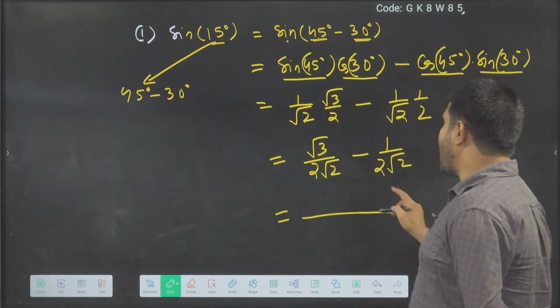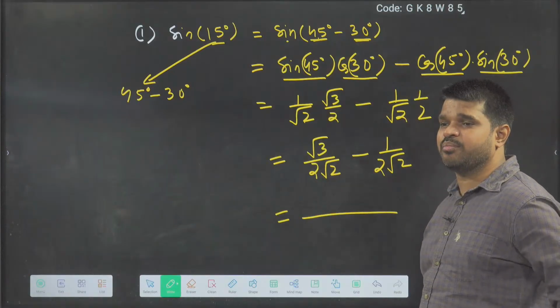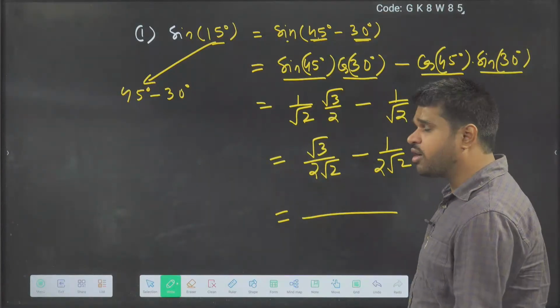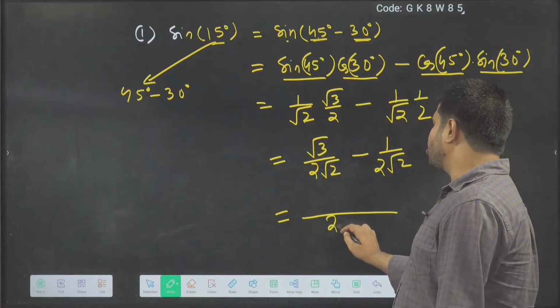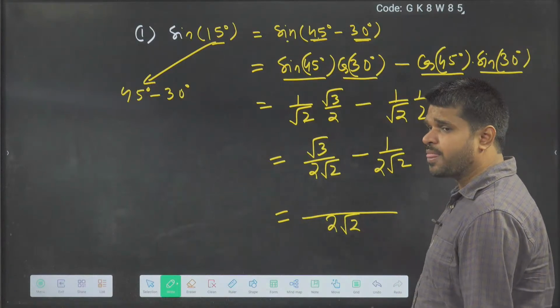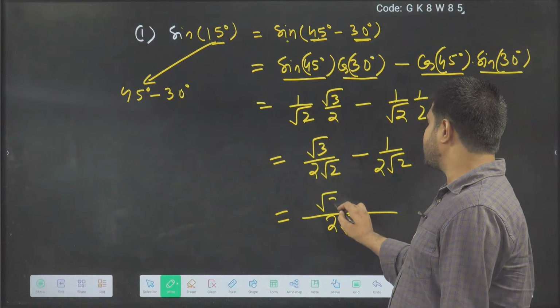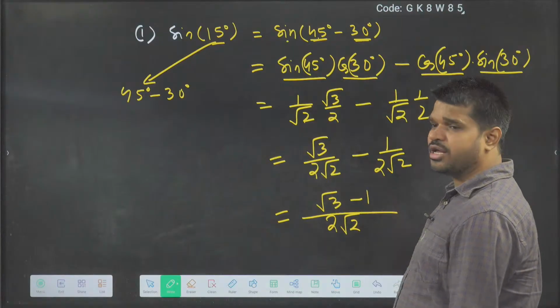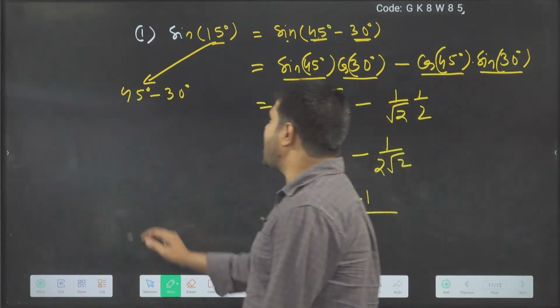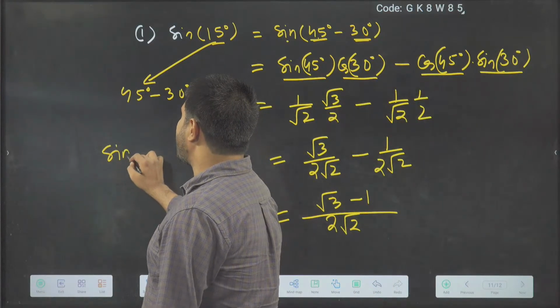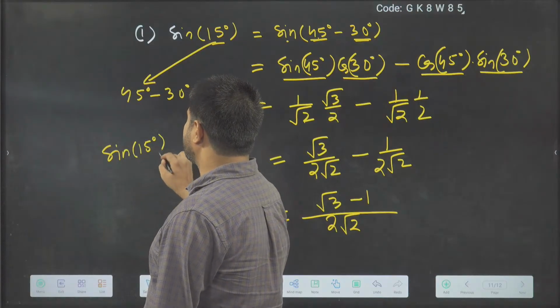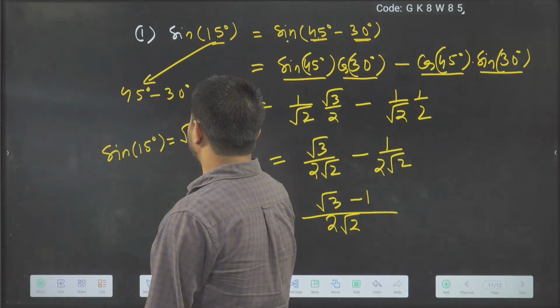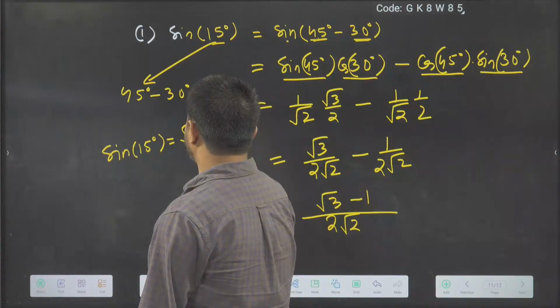As the denominators are the same, the calculation becomes very simple. So 2 root 2 in the denominator, root 3 minus 1 in the numerator. Final answer: sine 15 degree is equal to root 3 minus 1 by 2 root 2.